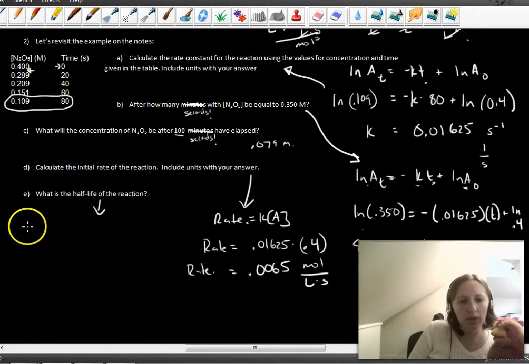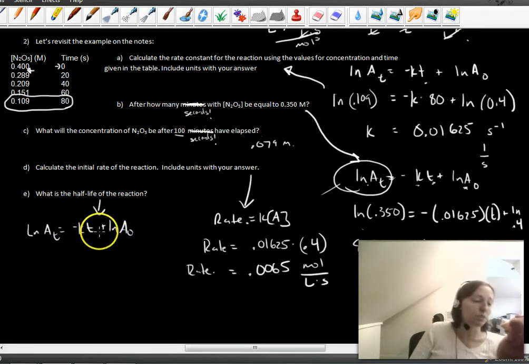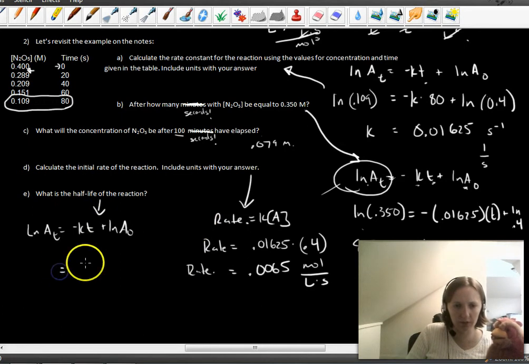One thing that you can do is just use this equation here, ln of A at t equals negative kt plus ln of A0. And I suppose I should pause and define half-life before we do this. The half-life is the time it takes to get to where only half of it is left. So we are looking for t. When they ask for half-life, they're looking for time.